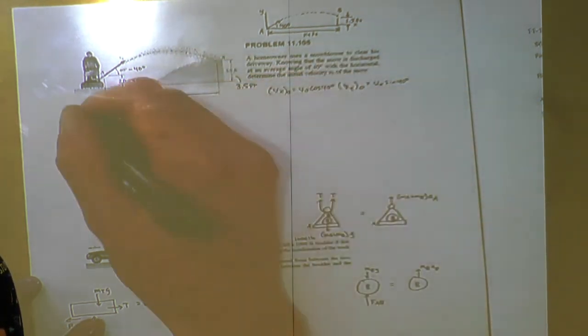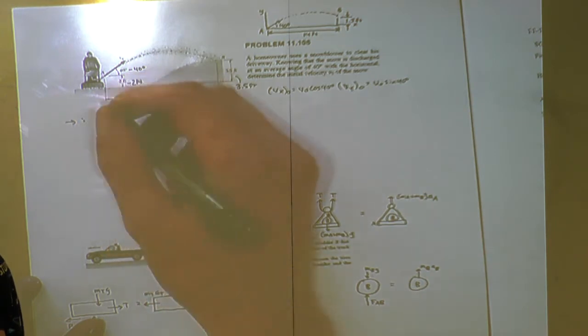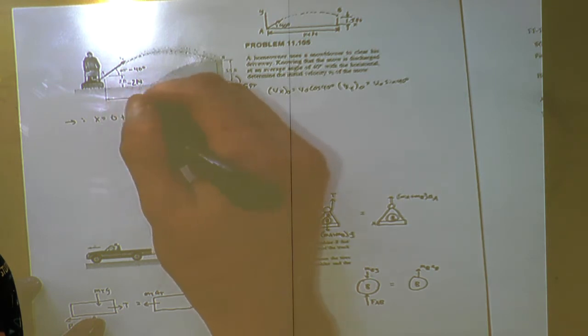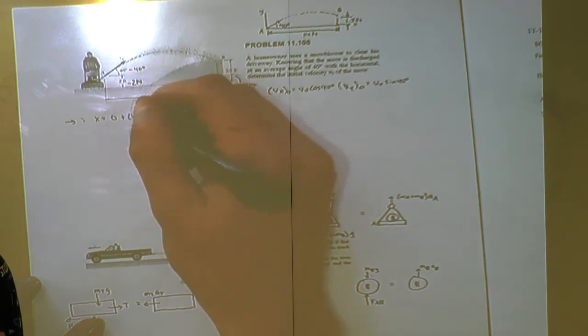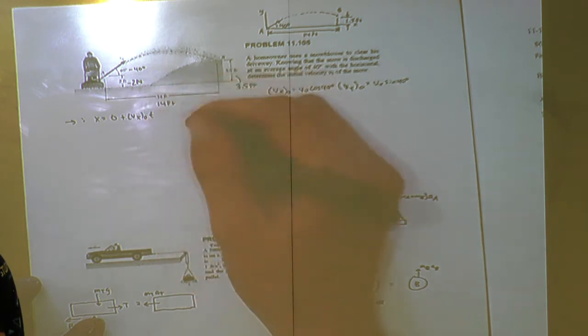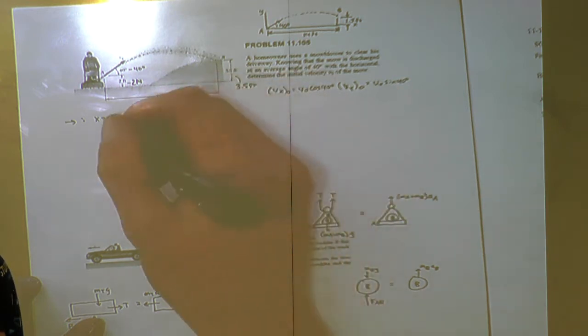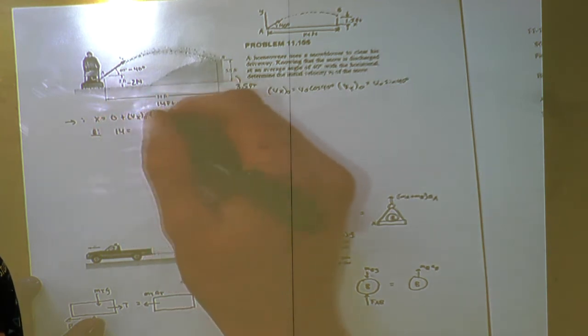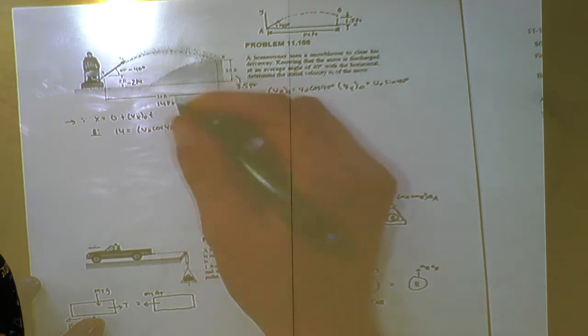So for horizontal motion, it's going to be uniform, so it's going to be 0 plus Vxo times the time. And at the location of B, we have x is equal to 14. The original velocity times the cosine of 40, which is that Vxo times t.